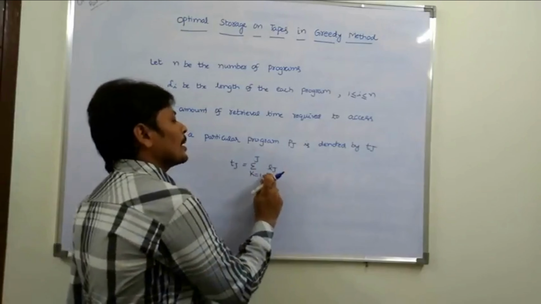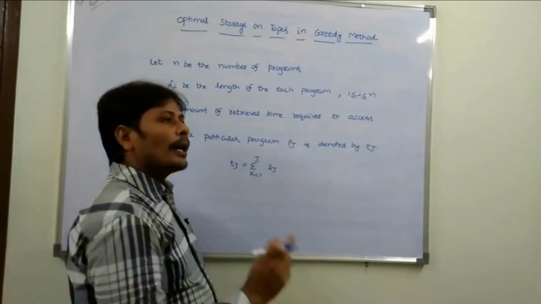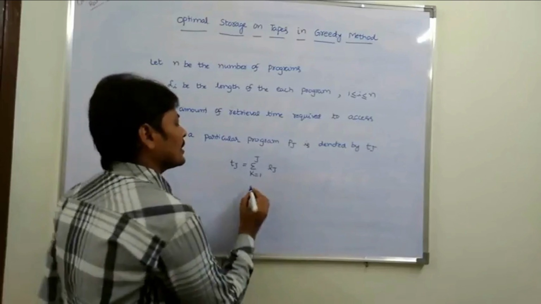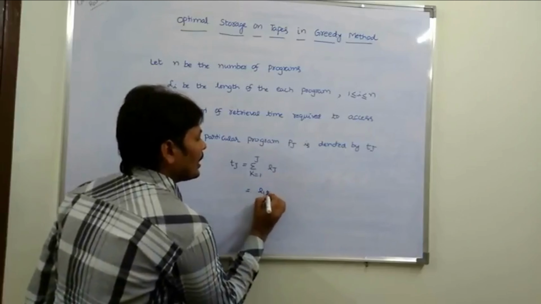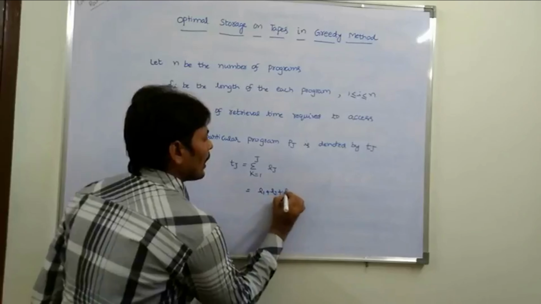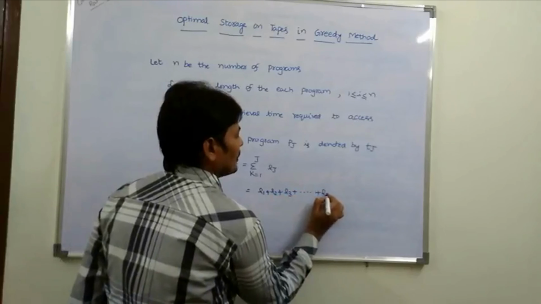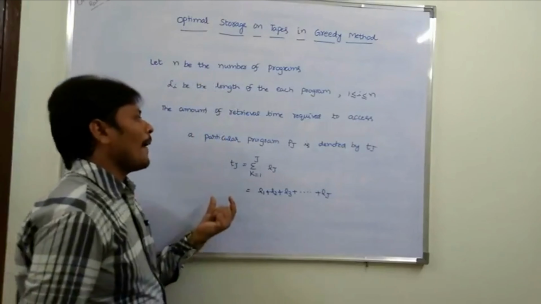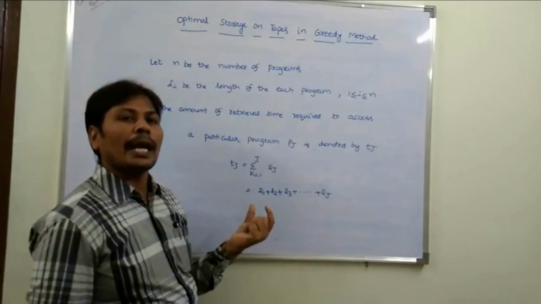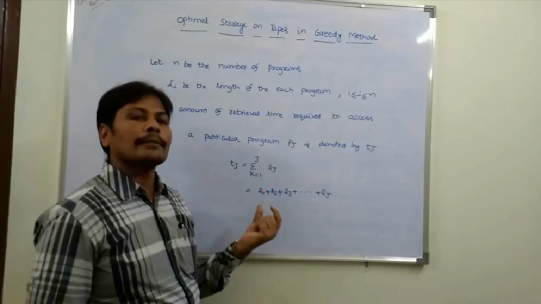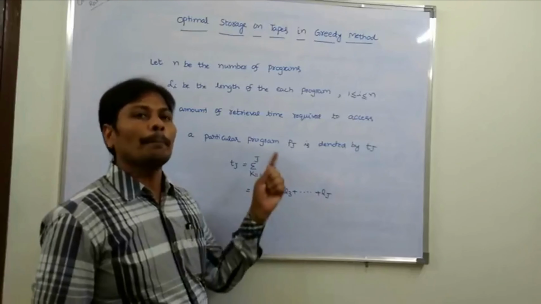So we are adding L1 plus L2 plus L3 up to Lj. This is the minimum retrieval time required to access a particular program Pj.